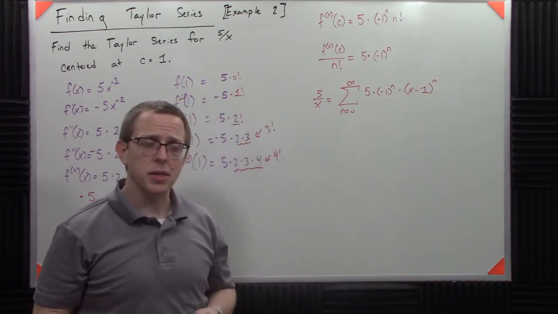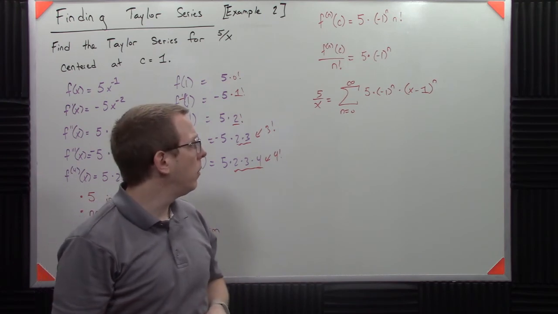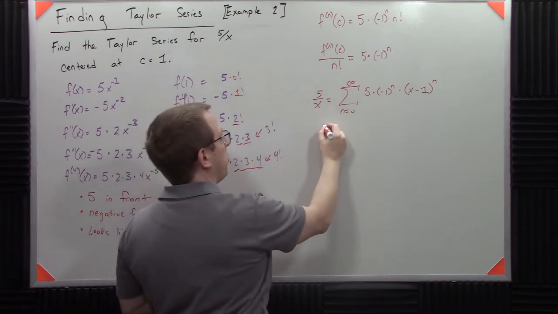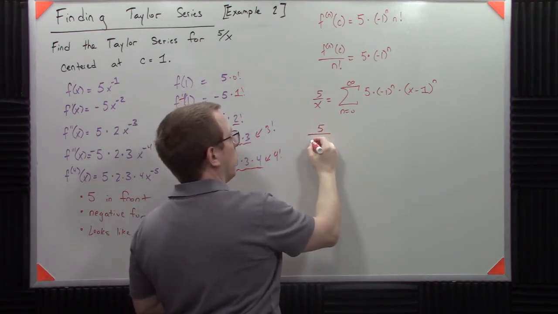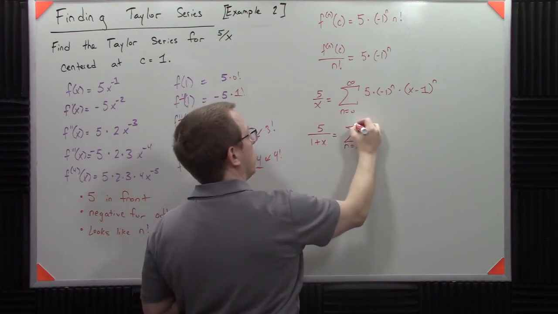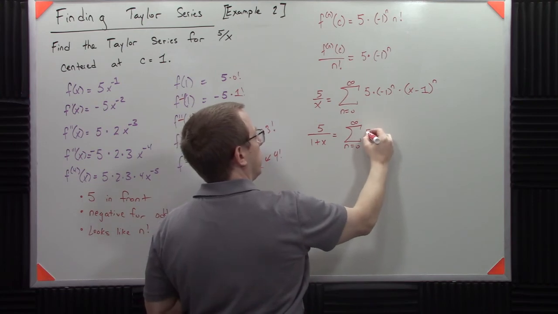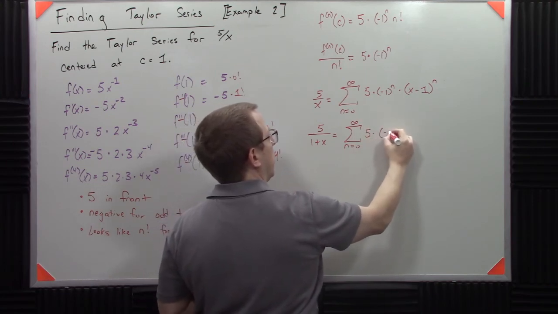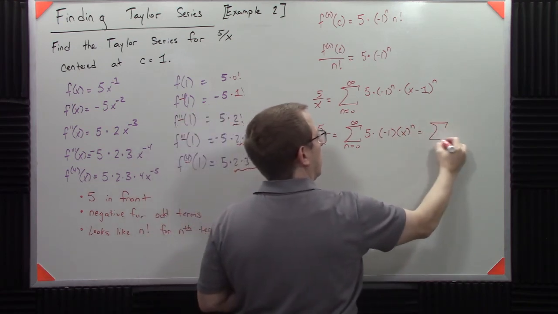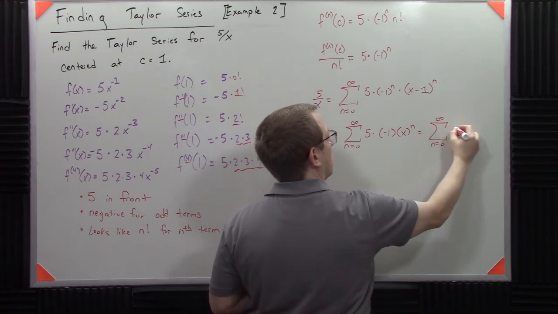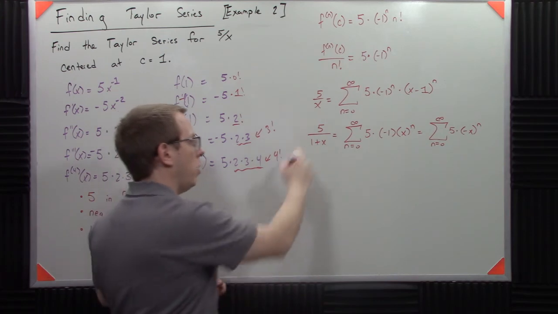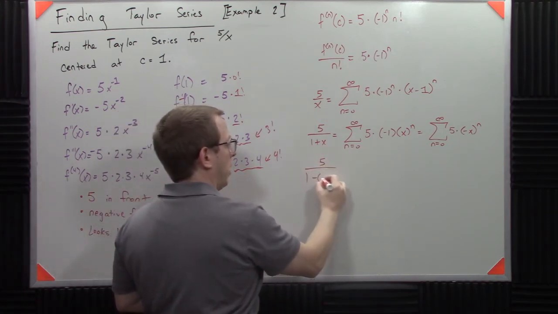And that kind of makes sense. The reason that makes sense is because by the substitution method, 5 over 1 plus x is the sum from n equals 0 of 5 times negative 1 to the n times x to the n. So that's 5 times negative x to the n. Okay, but I know that this is 1 minus negative x.